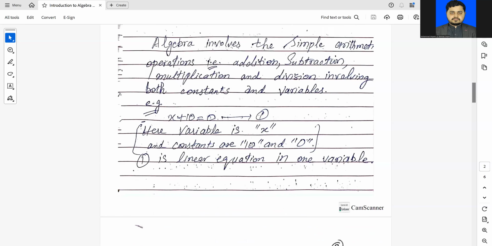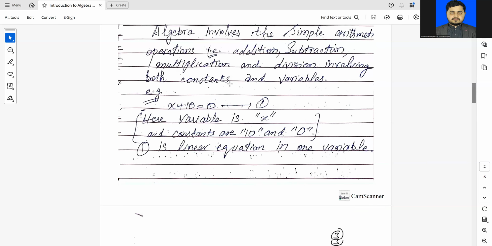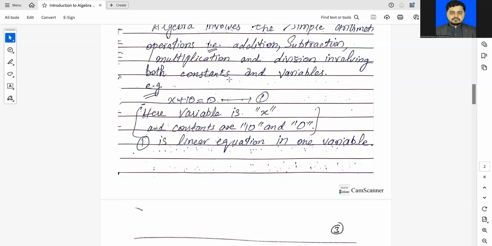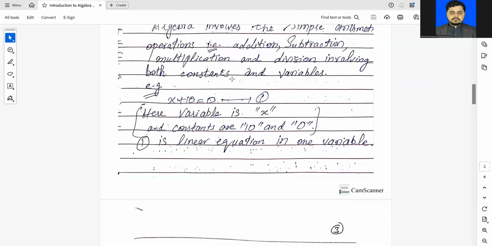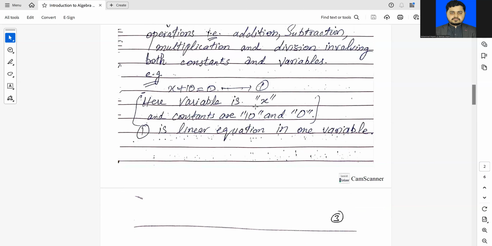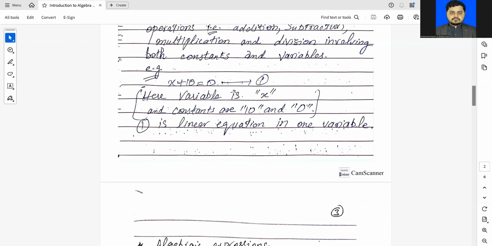And of course, these operations are basically applied on a combination of algebraic expressions, which may include constants, coefficients, and variables, such as this equation: x plus 10 equals 0.